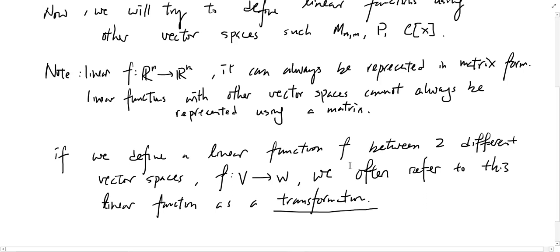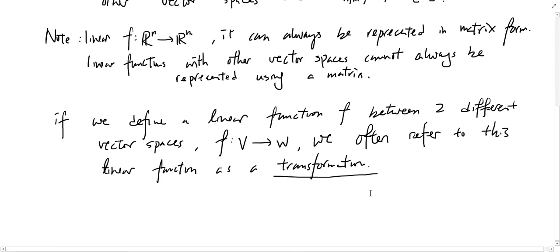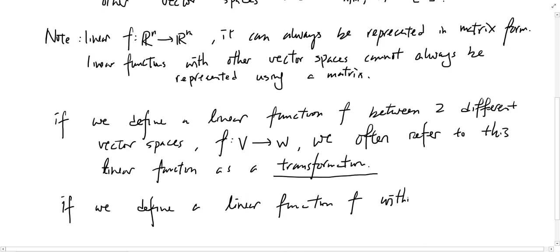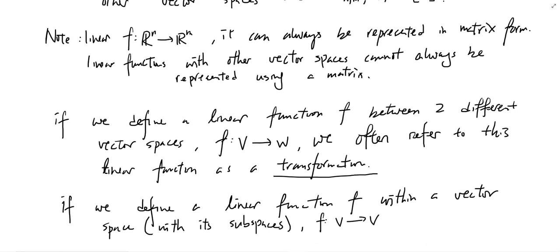Now, what if it doesn't? If the linear function isn't defined between two different vector spaces, but maybe within one vector space, or between a vector space and some of its very similar subspaces, such as f that maps from V to V, then that is a function that works within a single vector space, where everything you do with this function simply results in another element or object within the same vector space.